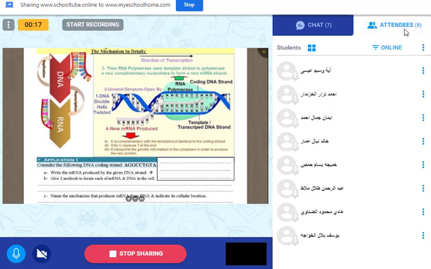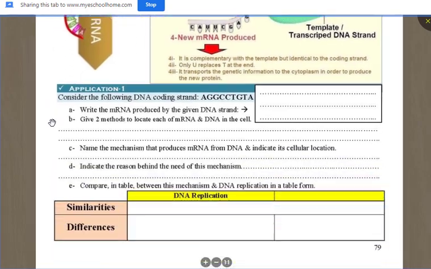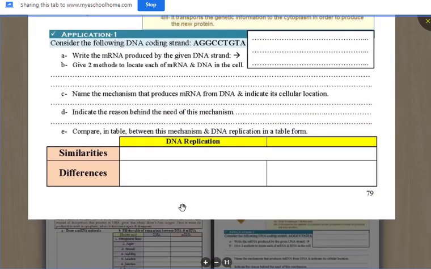Okay, now let's do application number 1. Let's focus together on this. Consider the following DNA coding strand.